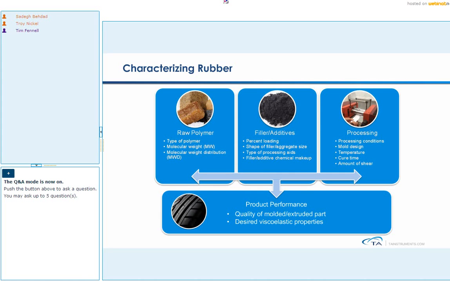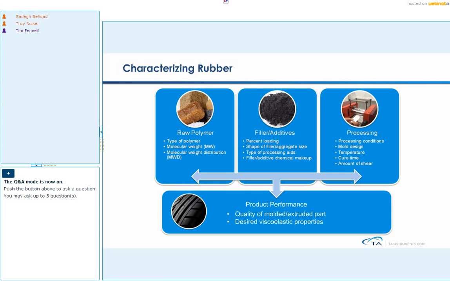So when you think of your rubber product, you start with a selection of raw polymers, right? You have a certain type of polymer and then it has a molecular weight and molecular weight distribution. Then you add some fillers and additives to it. They can have different loading percentages, different shapes, different surface treatments.